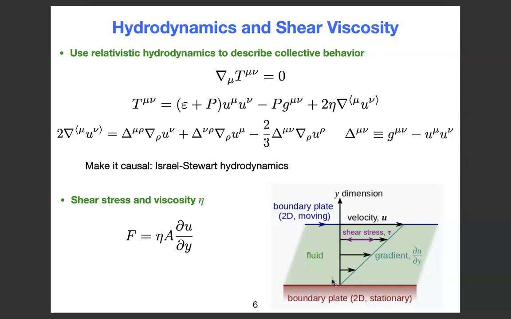And that velocity is varying along the y-axis. This is caused by the friction force between different layers in the fluid. The force between the different layers of the fluid is proportional to the area of the fluid, and also proportional to the gradient of the velocity along the y direction. And the proportional constant of this force is the shear viscosity here.